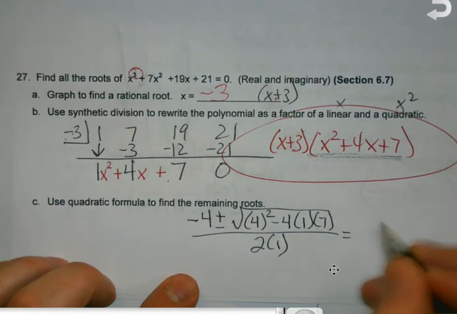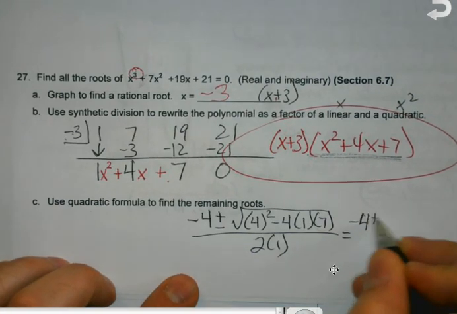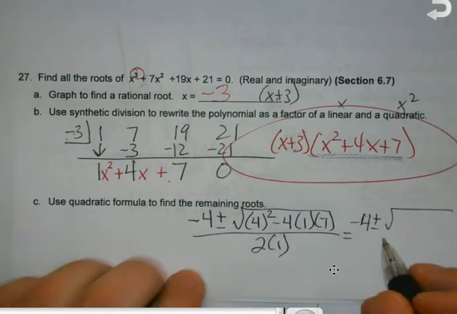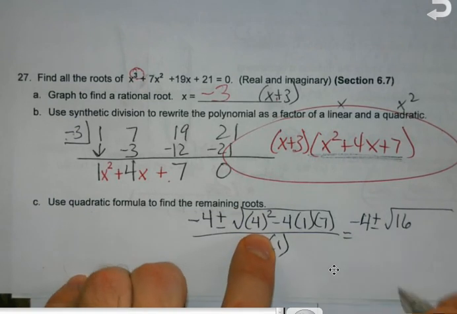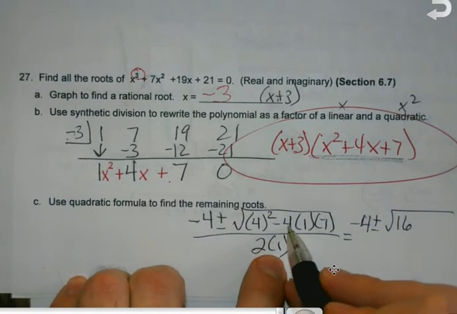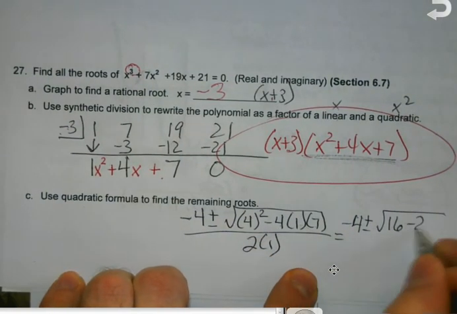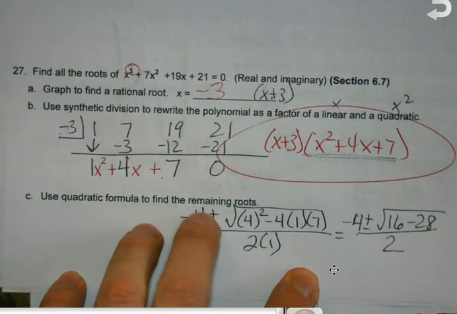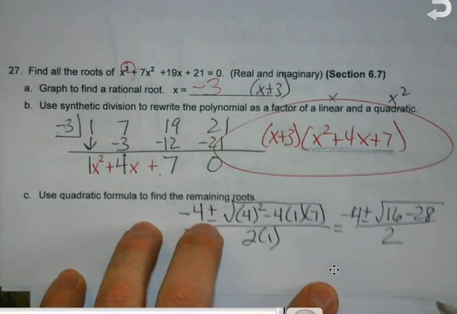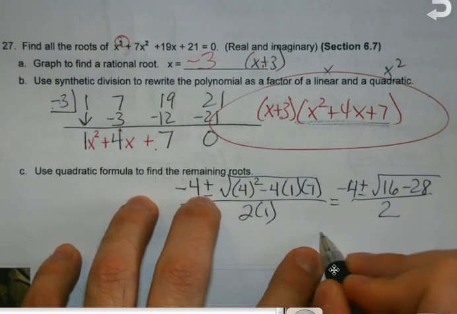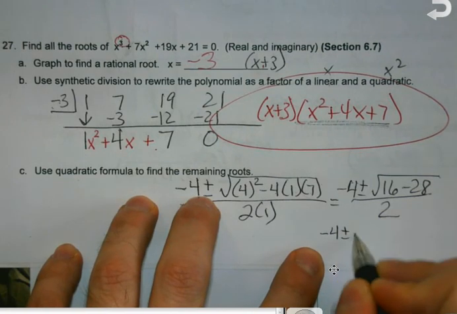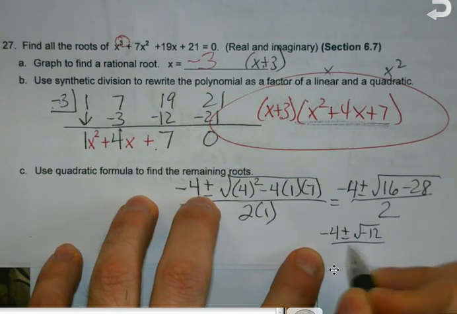So I go knock this out. 4 squared is 16. 4 times 1 times 7 is 28. And now you see where the imaginary is coming from, because I have a radical now, that's the negative.